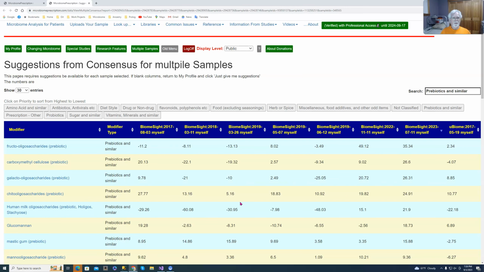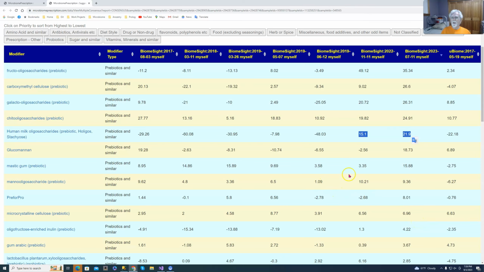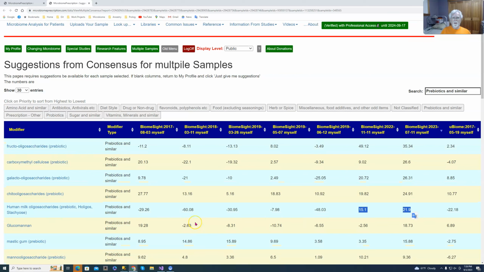And if something stays high, then that's good. And for example, here we have this one just has started coming back up into significance. Their mastic gum bouncing around. Again, the interpretation is time consuming because you are comparing, in this case, 7 different sets of samples.